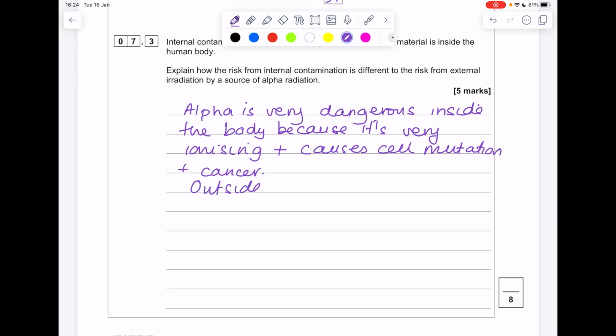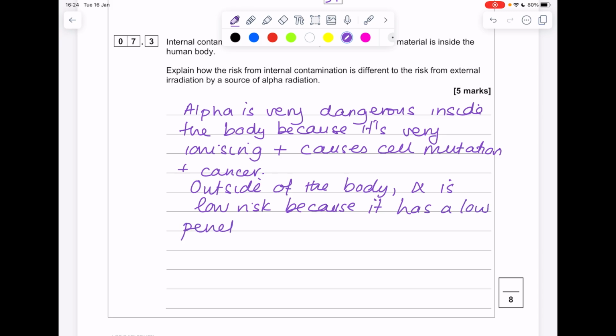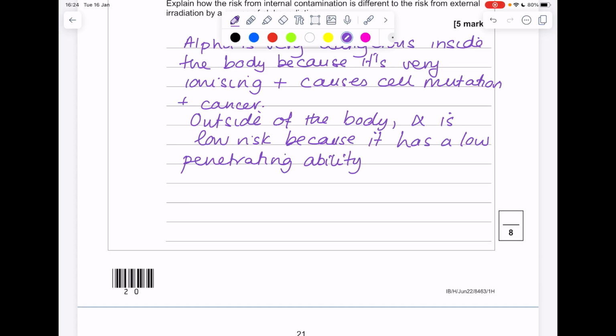Outside of the body, alpha is low risk because it has a low penetrating ability and is unable to pass through skin.